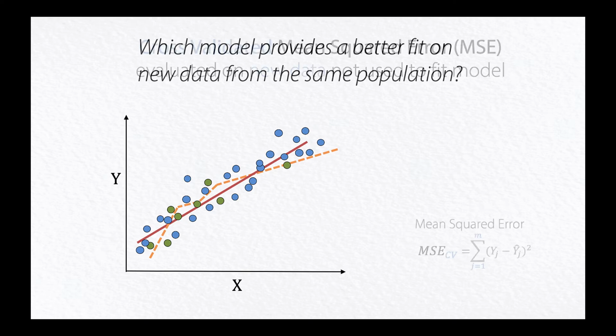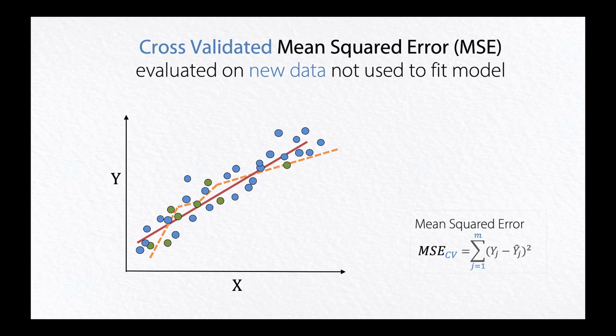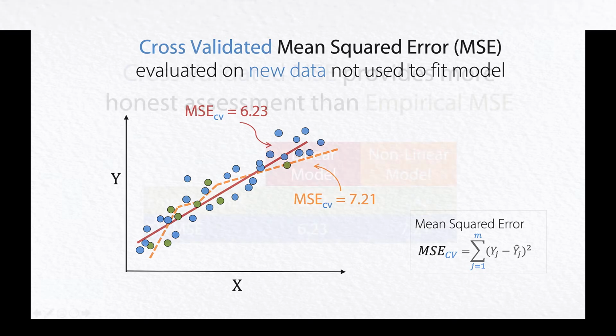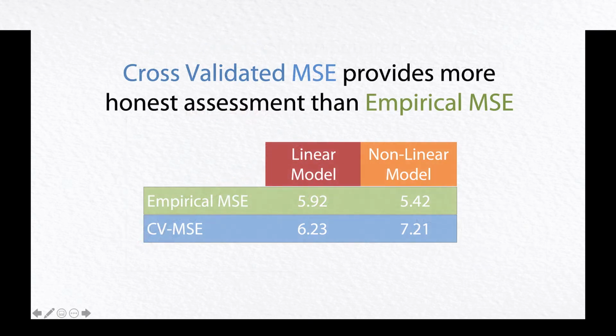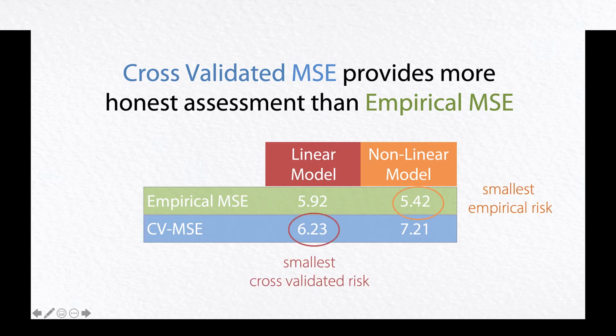We can simply evaluate the MSE with respect to the novel blue data points to get what we call the cross-validated MSE. This is a reliable estimate of the true MSE that would be calculated at infinite sample size. Here we see that although the empirical MSE is smaller for the nonlinear model, the cross-validated MSE is smaller for the linear model. This suggests that the nonlinear model overfit the data, and the linear model is in fact superior.